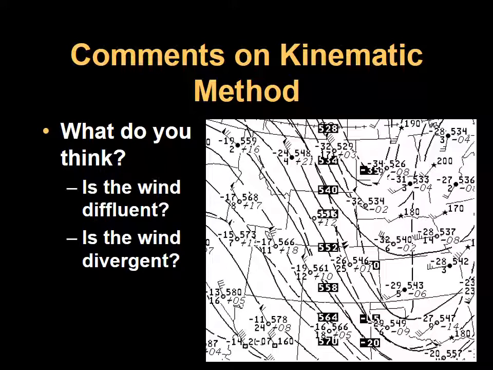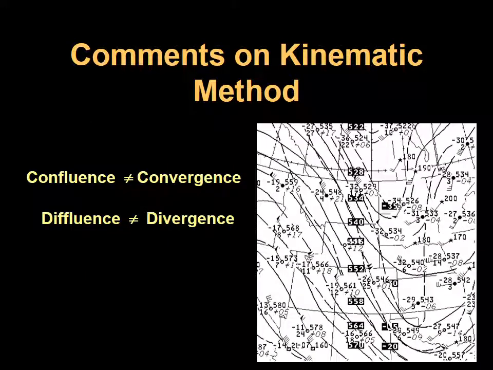Remember that divergence is a result of two things. So whenever you see confluence, it doesn't necessarily mean there's convergence. And when you see diffluence, it doesn't necessarily mean that there's divergence. Remember, confluence and diffluence deal with directional divergence, and you have to account for speed also.